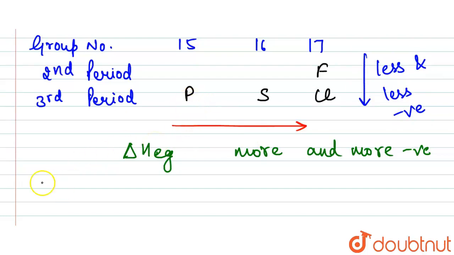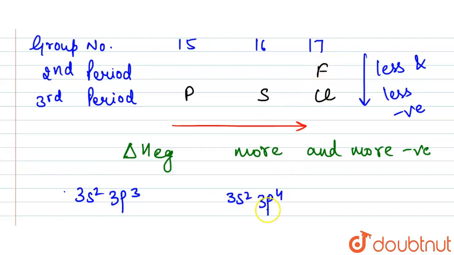If we talk about phosphorus, it is the element with atomic number 15. What will be its configuration? For phosphorus it is 3s2 3p3, and for sulfur it will be 3s2 3p4.